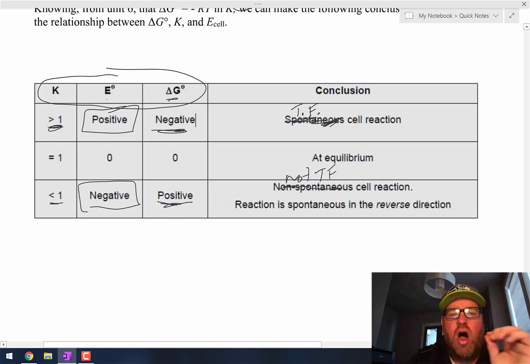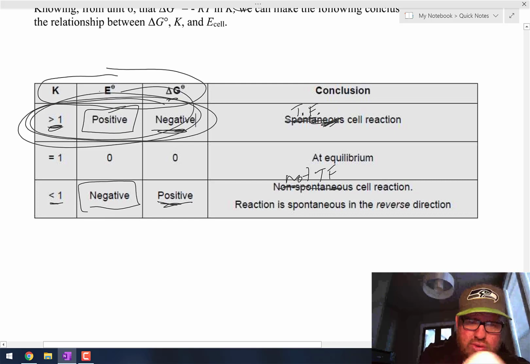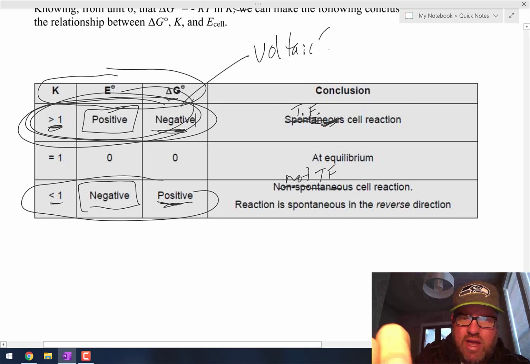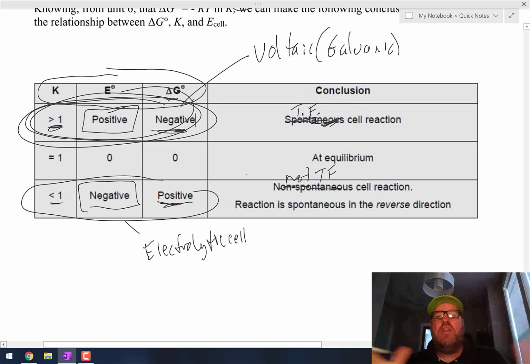Remember, for all voltaic or galvanic cells, this is true. For all electrolytic cells, which we're going to talk about in our next video, so these ones here are voltaic, sometimes they use the word galvanic, and down here are the electrolytic cells. Remember, all of these cells are called electrochemical cells.